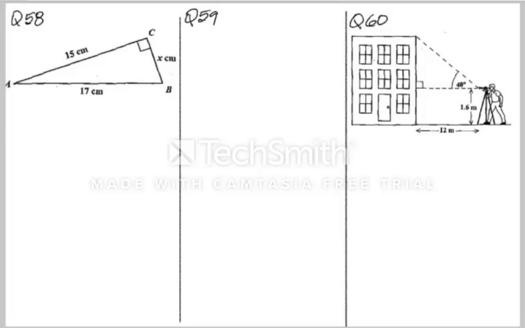But I think this is 17, 15, 8. But let's use Pythagoras theorem. Pythagoras theorem says a square is equal to b square plus c square.